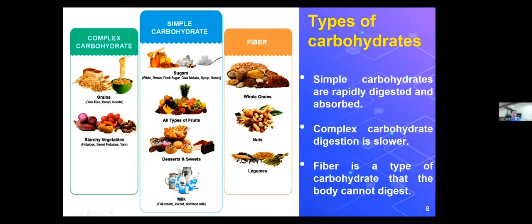For the simple carbohydrates, as I mentioned, the fructose or glucose, mainly in the sweets we are eating, syrup, honey, those are very sweet stuff. And fruits are mainly composed of fructose, and other sweets like chocolates or ice cream, and in the milk.